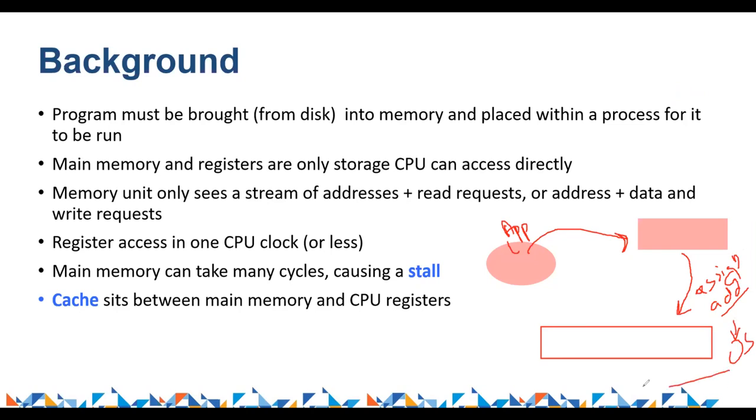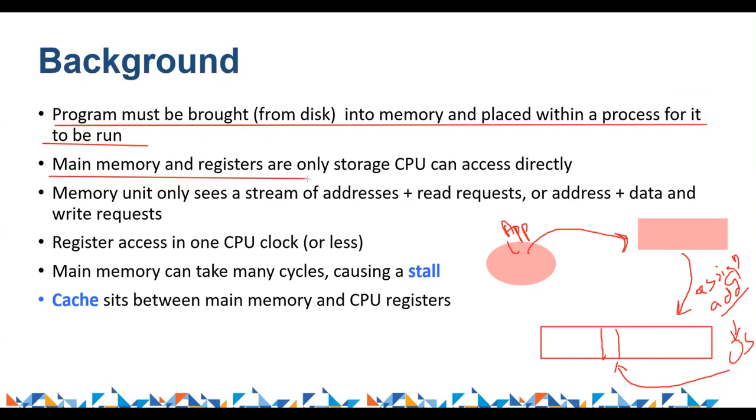Based on this address, the OS will allocate them a particular memory in the main memory. So based on this normal procedure, a program must be brought from the disk, meaning the hard disk, into memory and placed within a process for it to be run. It will become a process and it will be run.